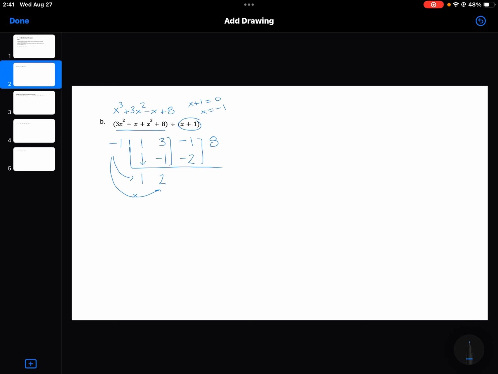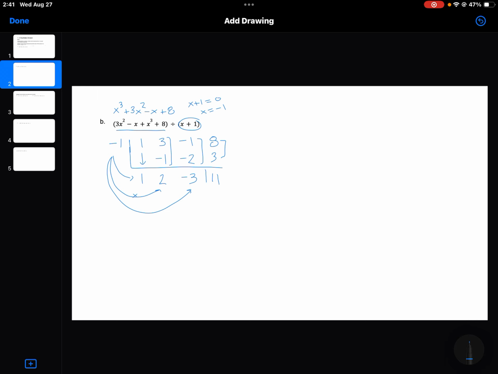And then I'm going to add those numbers in the third column together. Minus 1 plus minus 2 is minus 3. And then I'm going to repeat it one more time. I get positive 3. And then finally, I'm going to add those two together. So I get 11 at the end.